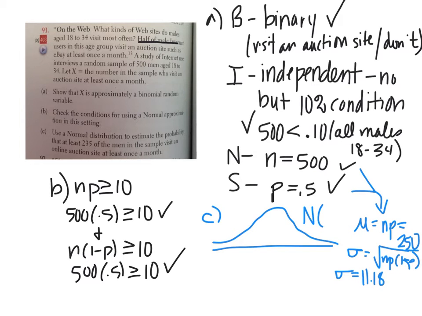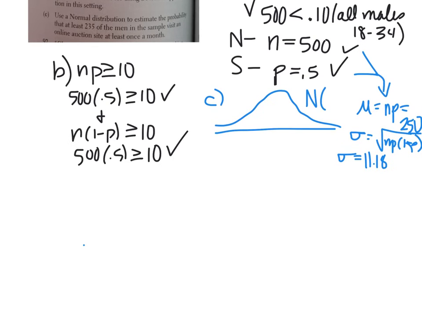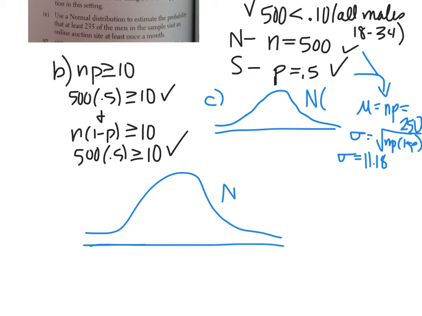All right, so I'm kind of running out of space. Let me move this and draw my sketch a little bit bigger here. So this is a normal curve with a mean of 250 and a standard deviation of 11.18. 250 is here. The question said at least 235, so that would be here.